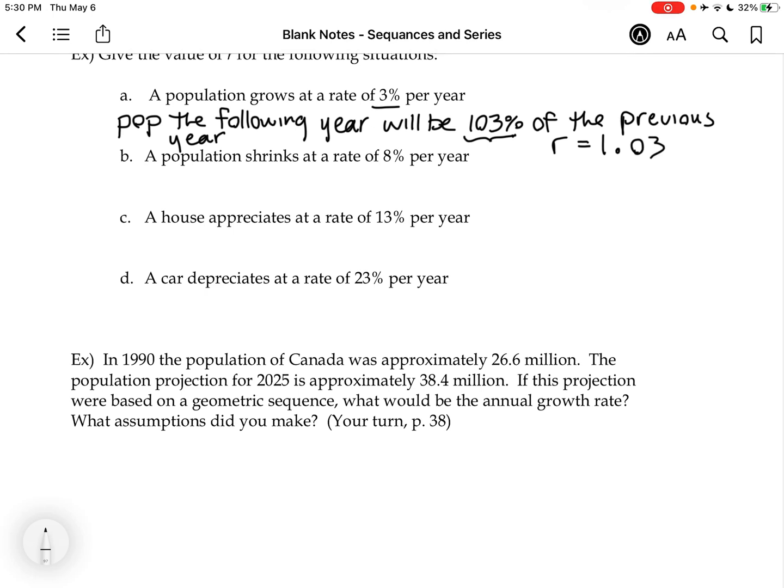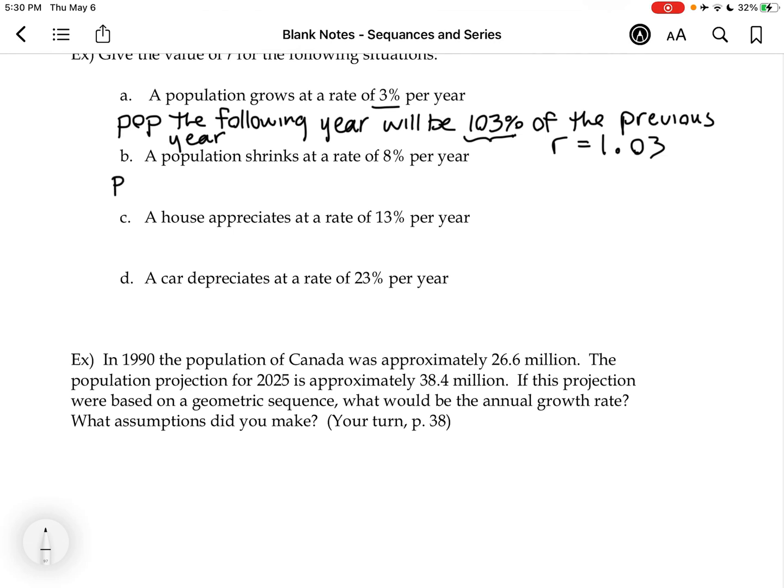Okay. Now, if a population shrinks at a rate of 8% per year, we'll now take those same 100 people. The following year, there's 8 less people. So now, if your population was 100, the following year it's only 92.